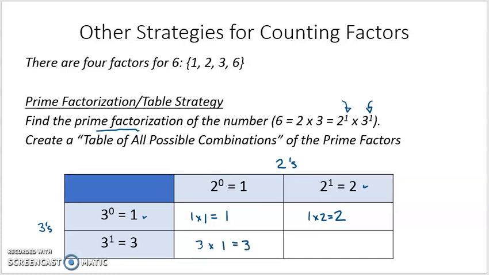And 3 to the first times 2 to the first is 3 times 2, which equals 6. So those are the 4 factors. A nice byproduct of the table strategy is you actually come up with the factors themselves: 1, 2, 3, and 6.